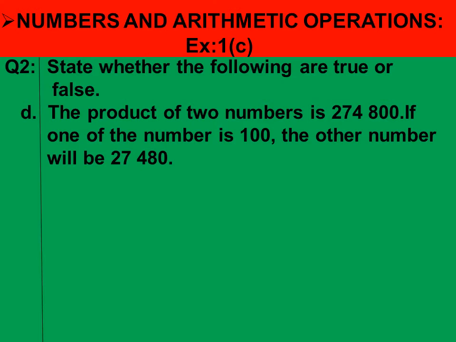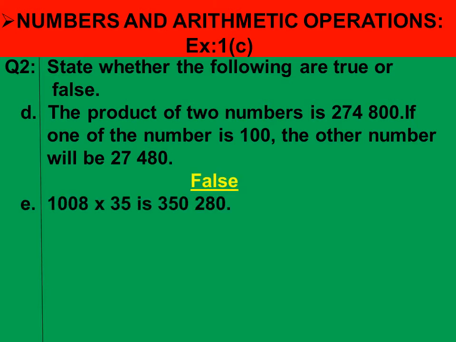When product and one number are given, and when we divide these two numbers, we will get the other number. When we divide the given two numbers, we will get the answer, that is 2748. But in the statement the answer is 27480. This means that the given statement is false.